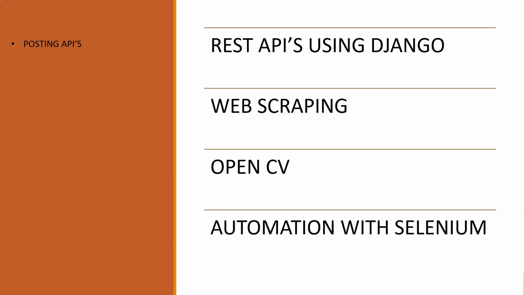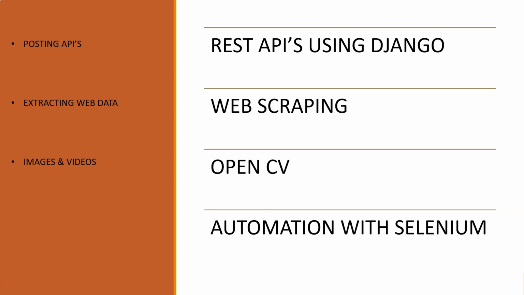And in the next, which is web scraping, we'll be dealing with how to extract data from the web through Python. The next module is regarding computer vision, where we'll be using the OpenCV library to work with images and videos.